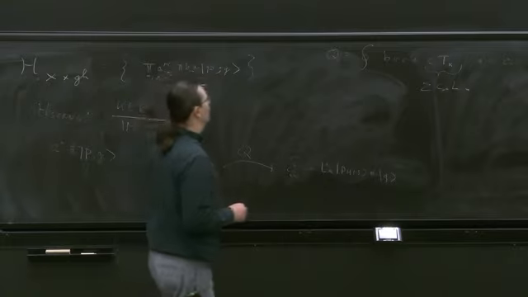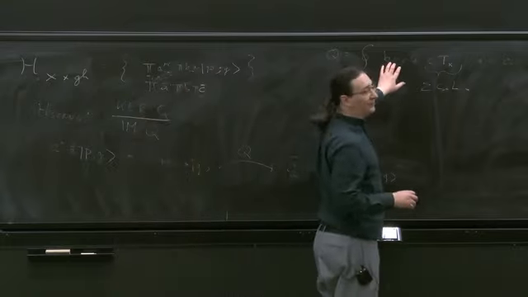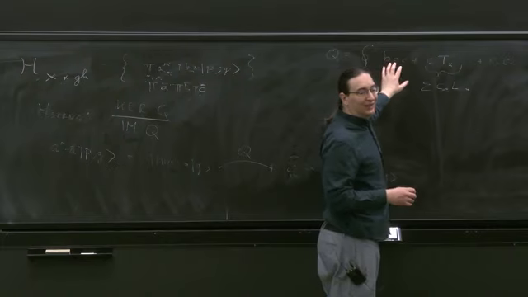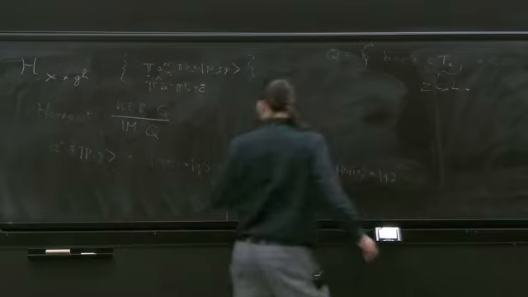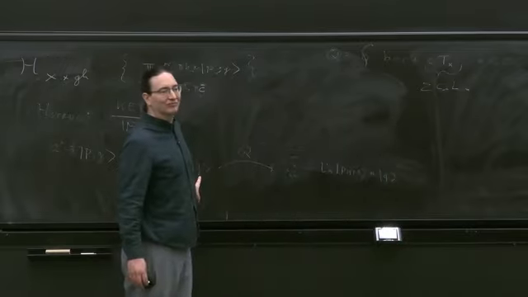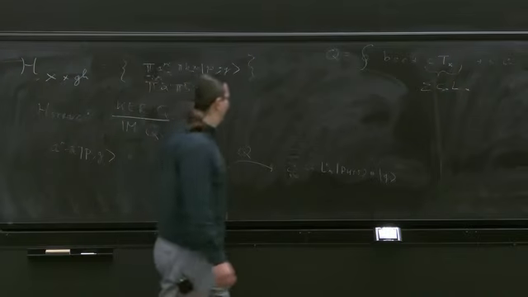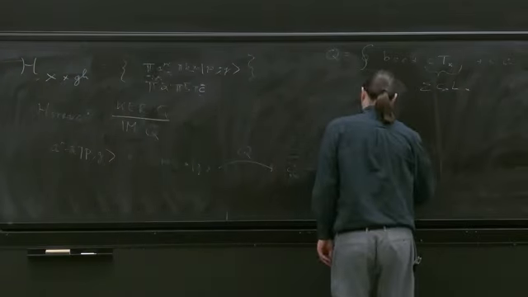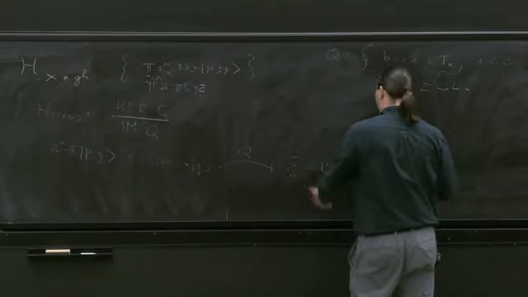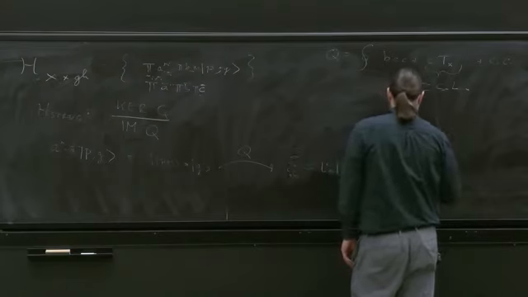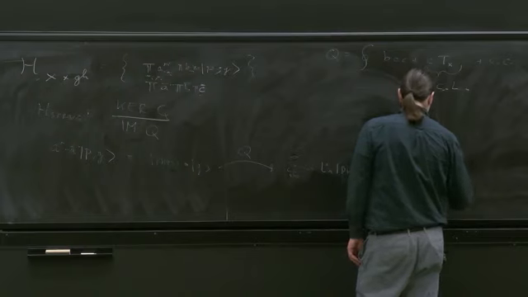And then there is this mess of stuff, but this only acts on the ghosts. It leaves the energy the same. It raises the ghost number by 1, so I can only send G to C_0 G. So here there was a term that was something like L_0 C_0.